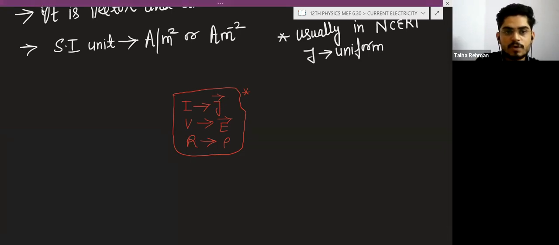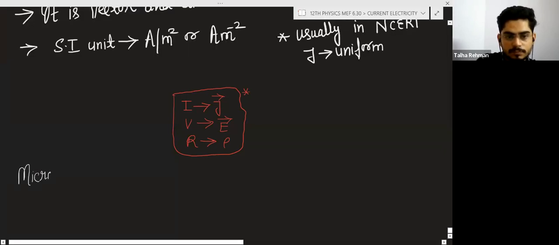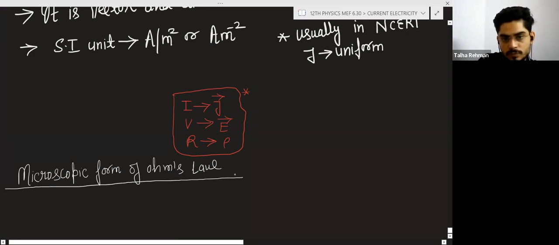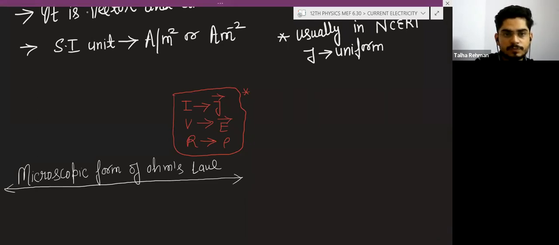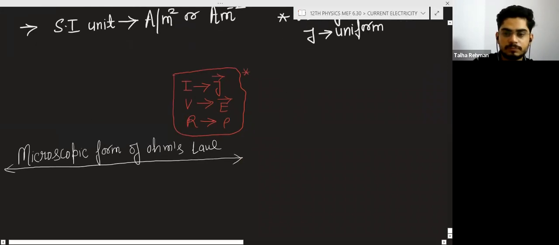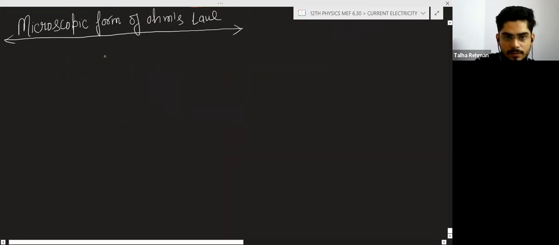So now we have the microscopic form of Ohm's law. It is written as J vector equals sigma E vector.